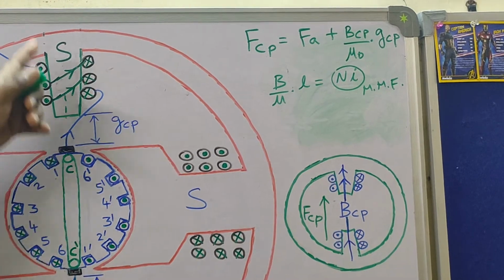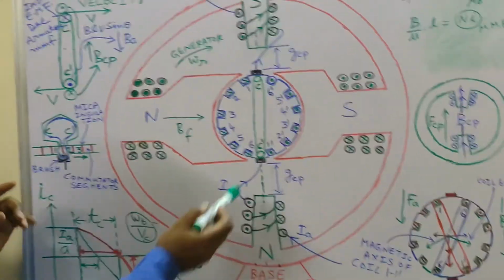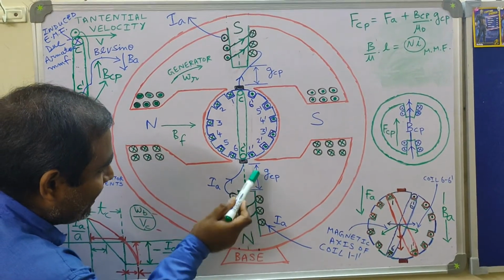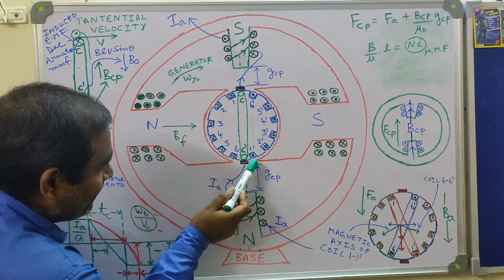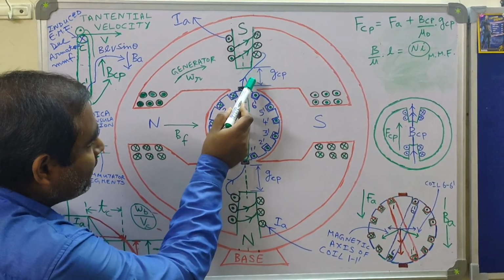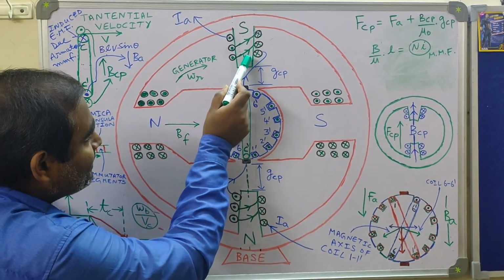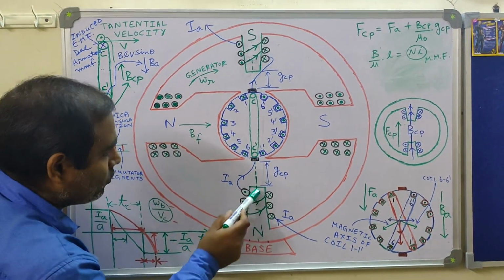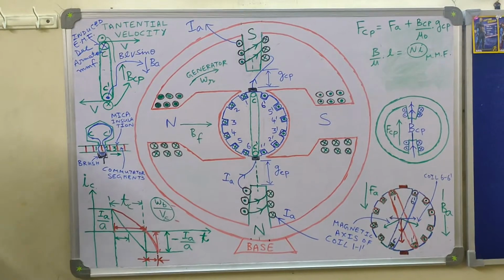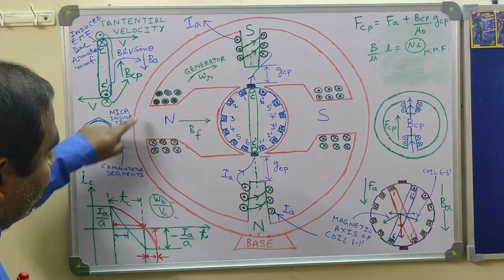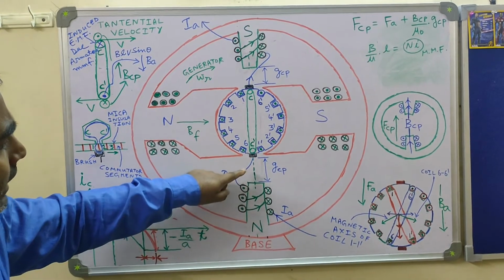See here, look at the diagram please. If you consider the length of the magnetic path, you have an air gap of GCP here, another air gap of GCP here, and after that this is iron core, iron core. We are assuming that the MMF required by the iron portion is almost negligible.